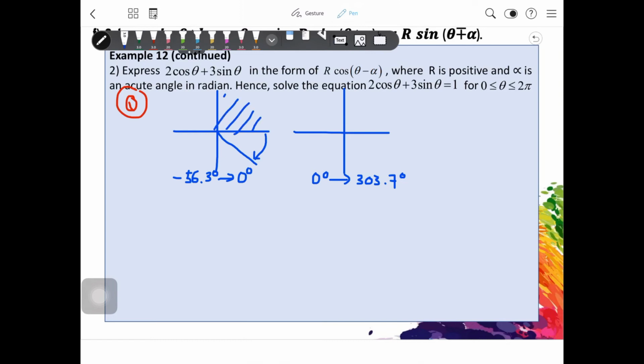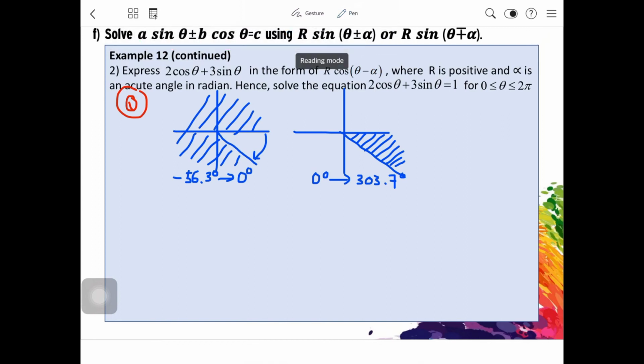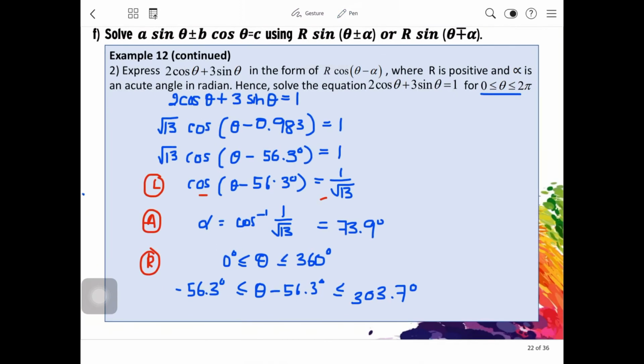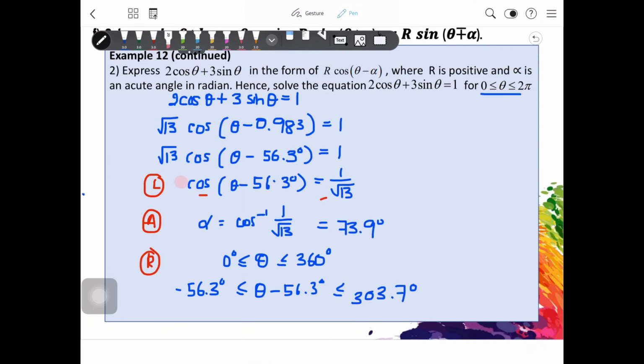So this one will be negative like this. I will darken this region, but I don't want this part. Here would be 303.7 degree. Here is the excess part that I don't want. Recall that from the question, we are looking for cos positive.